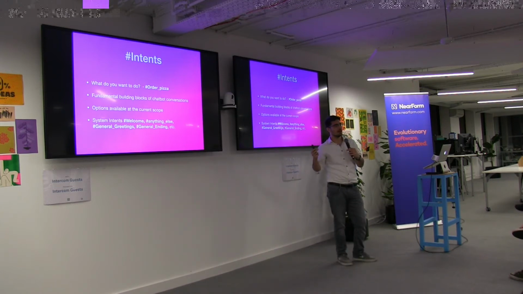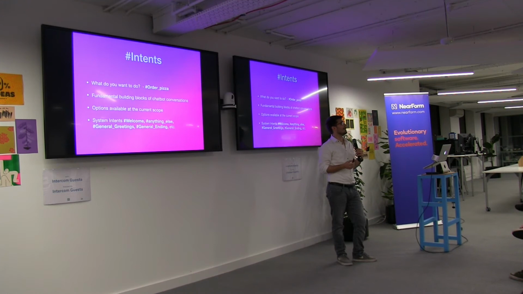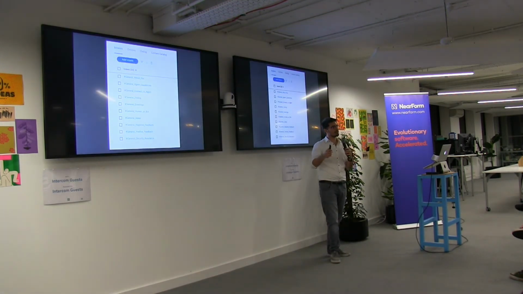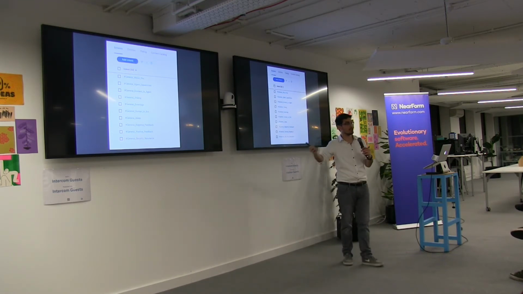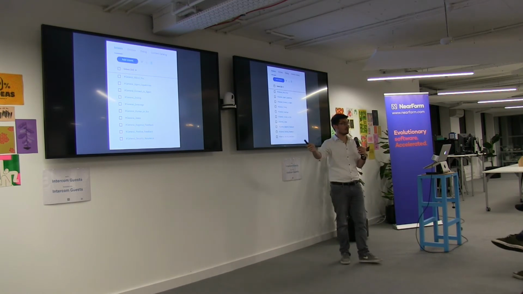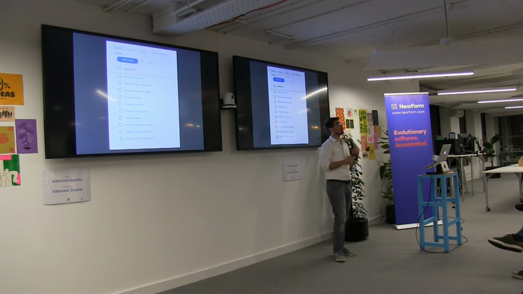There are system intents that you can bring in. So you don't have to teach it what you want to do, say hello, or say goodbye, or something like that. It's all built in, so you can say, okay, I want to say goodbye, and I'll just bring it in from the content catalog, right?